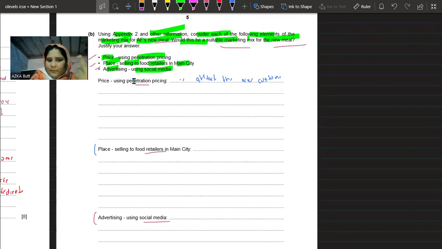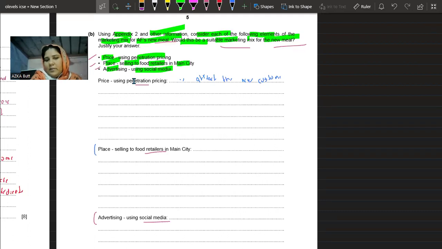However, the reason why we can say that food retailers might not be a good distribution channel is, first, that they would keep their own profit margin, which can increase your prices. And if your prices increase, your customers would not be purchasing anything from you.